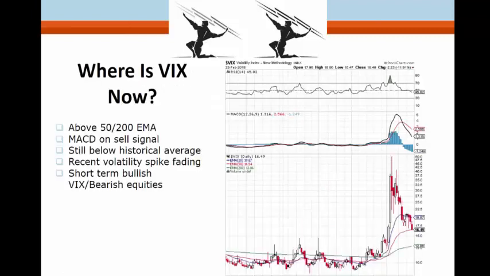So where's VIX now? Let's talk about that. We had that recent spike with that short-term sell-off. You can see how in February there, VIX spiked up from around 12 up to in the 20s, 25s. But now it's coming back down. You can see how it was a quick spike and now is returning back towards its most recent median around 15.